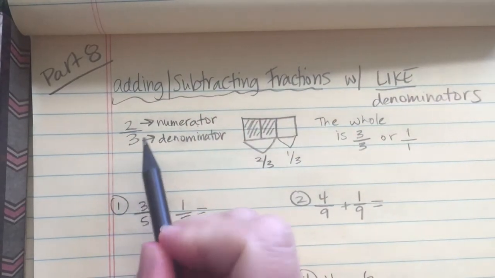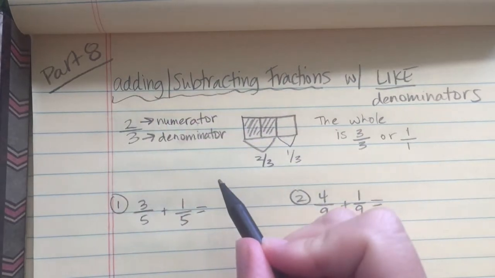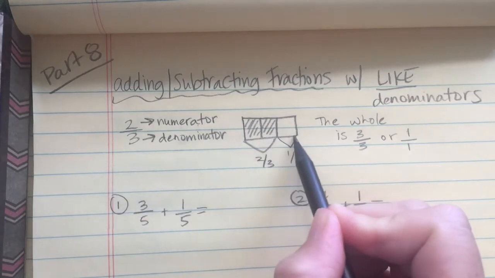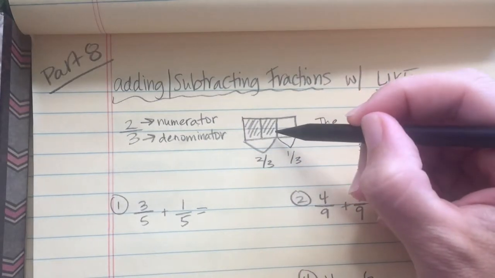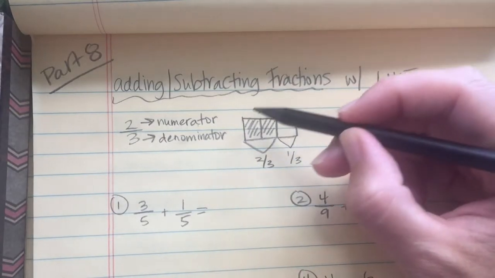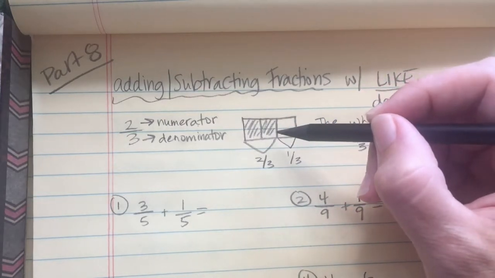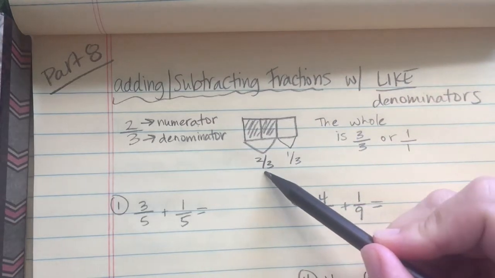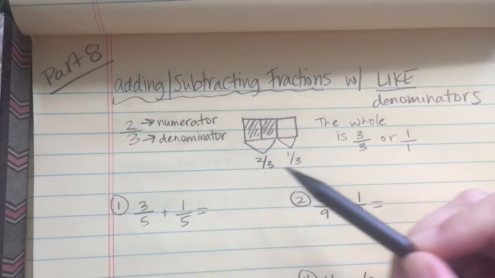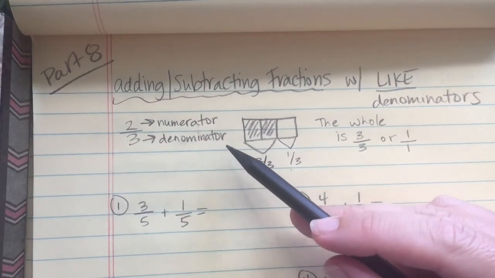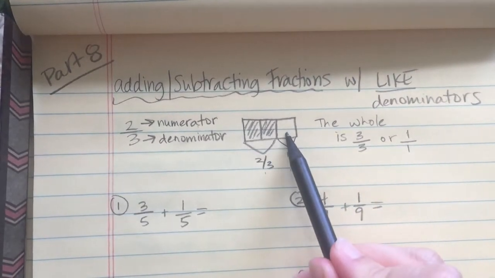So this fraction, 2/3, if you were to represent 2/3 in a picture, let's say you had a candy bar and you separated it into 3 equal pieces. If you had eaten 2 of those pieces, you would have eaten 2/3 of your candy bar and you would have 1/3 remaining. The denominator tells you how many pieces are in the whole.